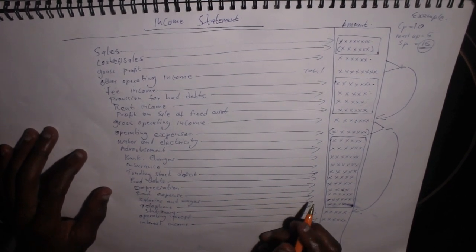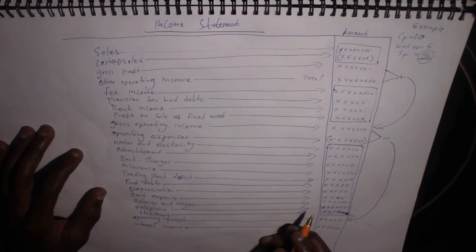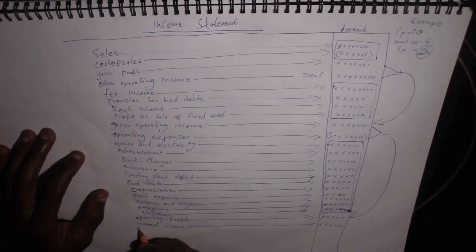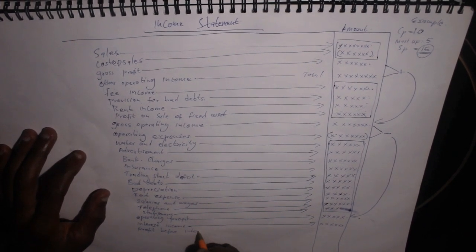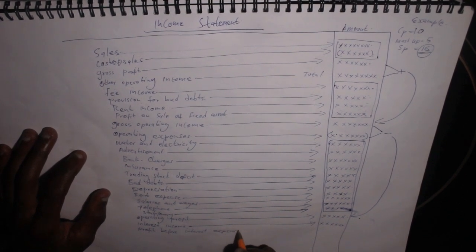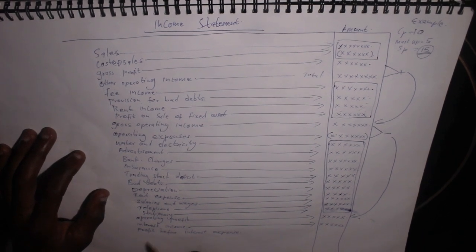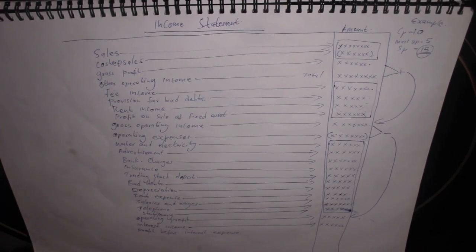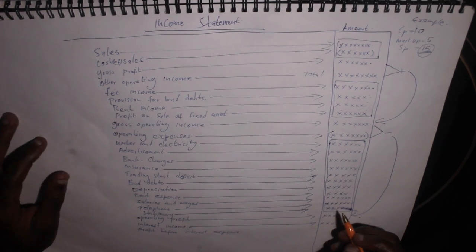Right? So the next step is profit before interest expense. Profit before interest expense. So we want to know how much is our profit before we take the interest expense into account. It's very easy.